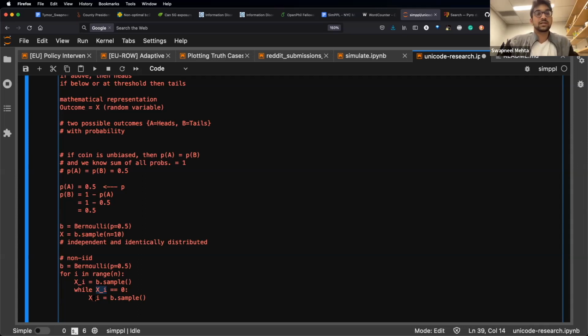So good example. The only point I was trying to make is that there are ways you might be breaking independence when you're drawing these samples. So be careful about when you think your data is IID and when it is not. I will pause here for questions.